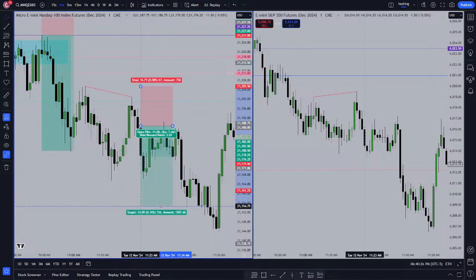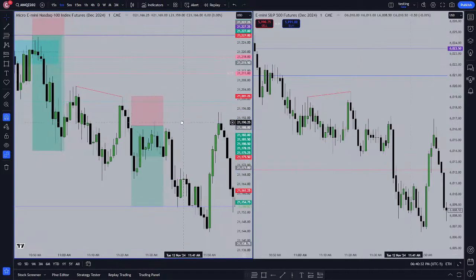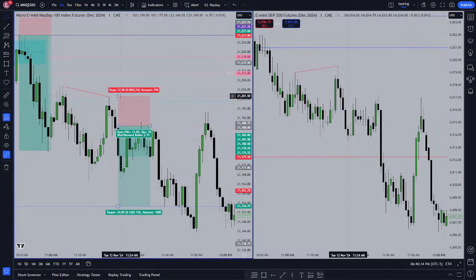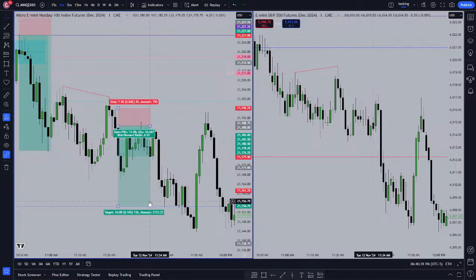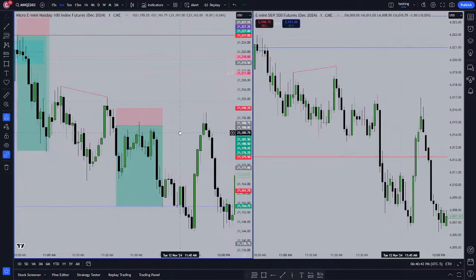This to the wick with your stop. Let's do it above here. Or even above this right here. Comes back up. You have to suffer some drawdown. And eventually it gets you there.